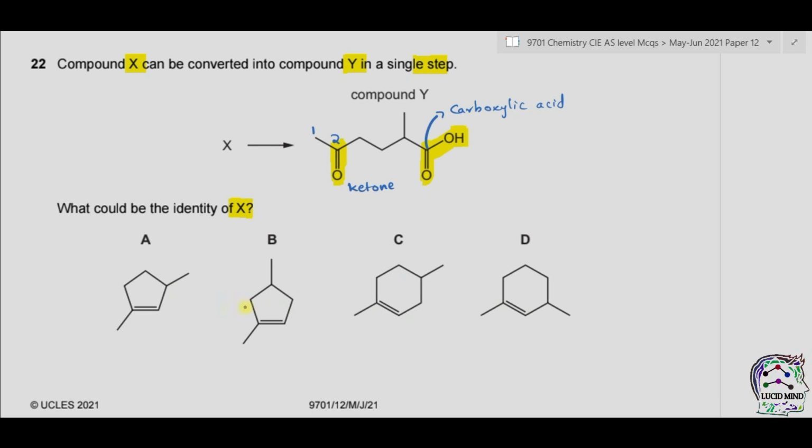As these are all ring structures, the alkene bond must be broken. In order to produce a ketone, the double bonded carbon must be bonded to two alkyl groups.